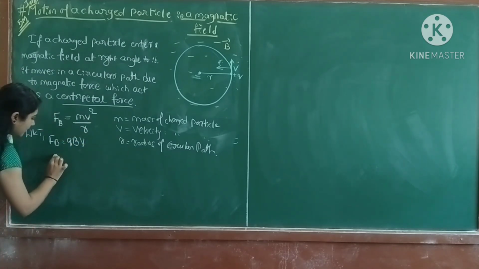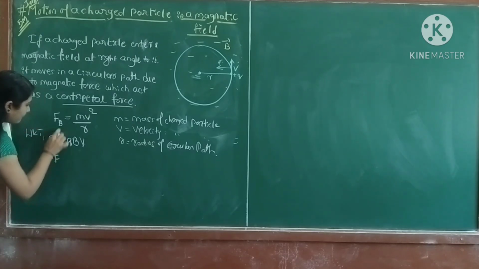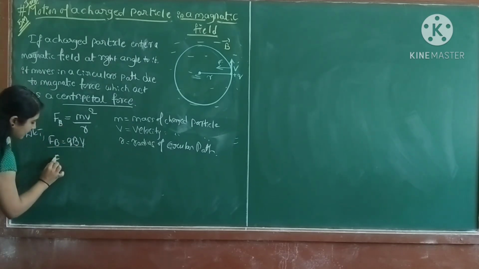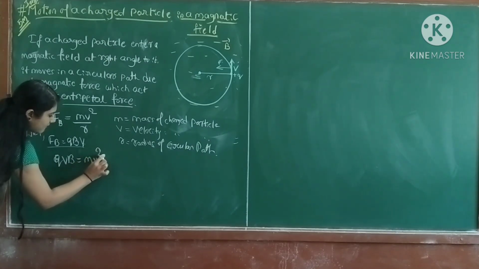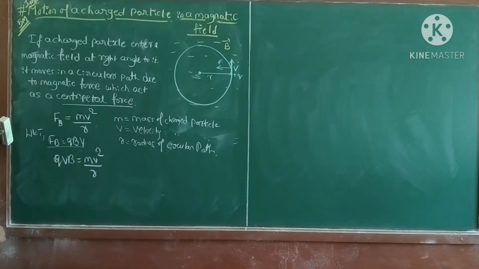So put this value here. FB is how much now? QVB. So QVB is equal to mv square by r. Now you can cancel the v and v.